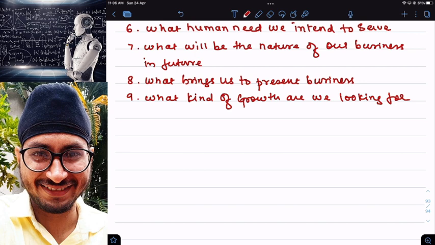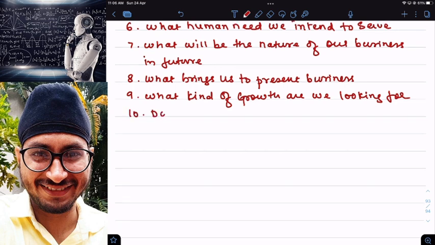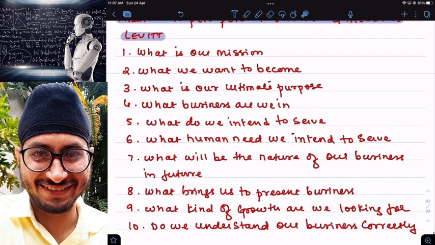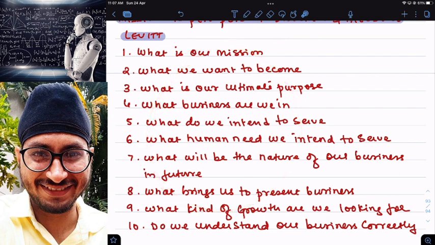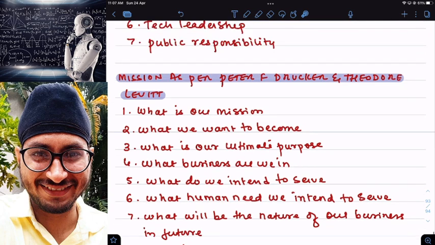Simple. Then you need to also understand, do we understand our business correctly. Here, in case you don't understand your present business correctly, you will not be able to achieve your vision. So these are some points you have to keep in mind before you create your vision and mission, according to Peter Drucker and Levitt. Clear? Any doubts here? So with this we complete chapter number 3 also.